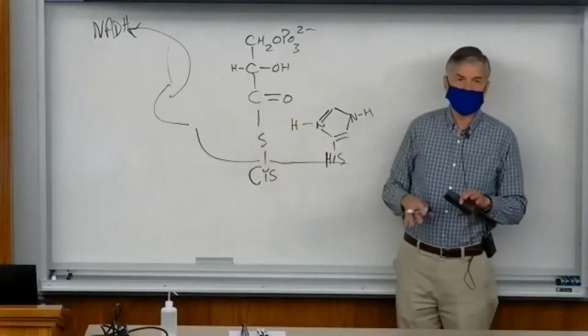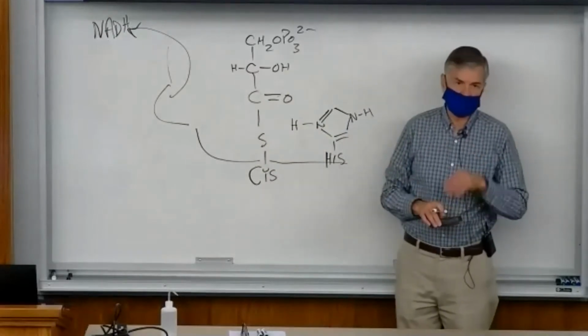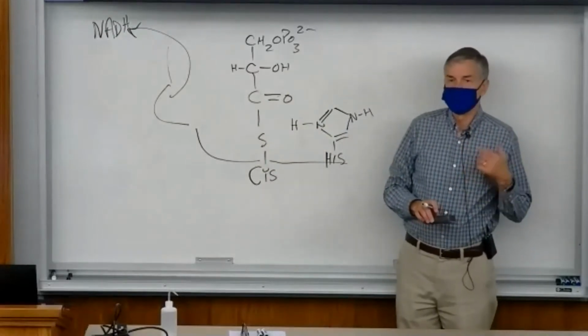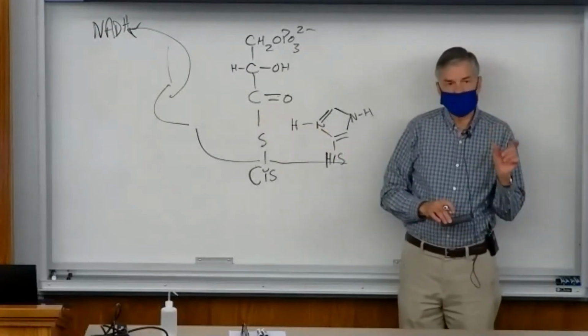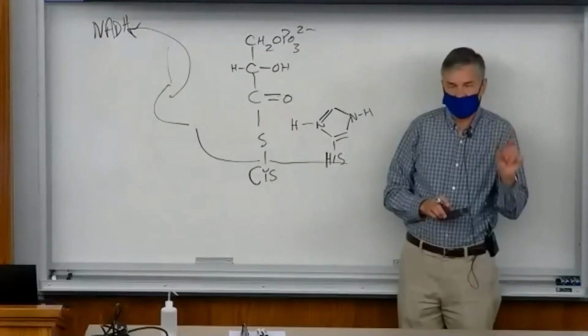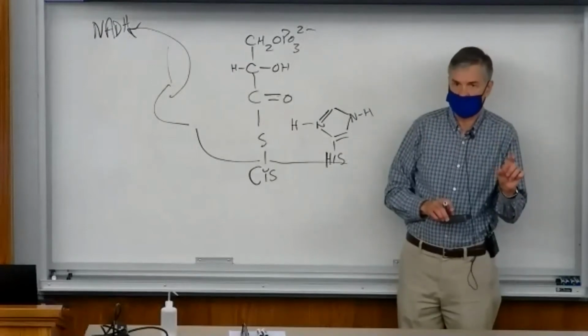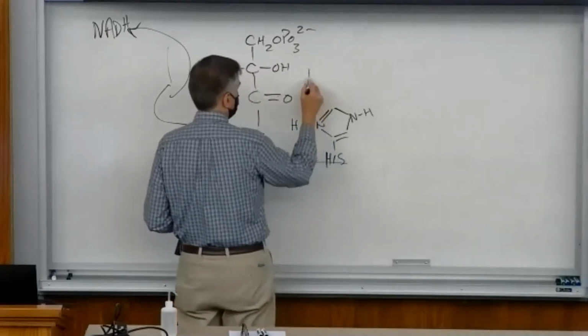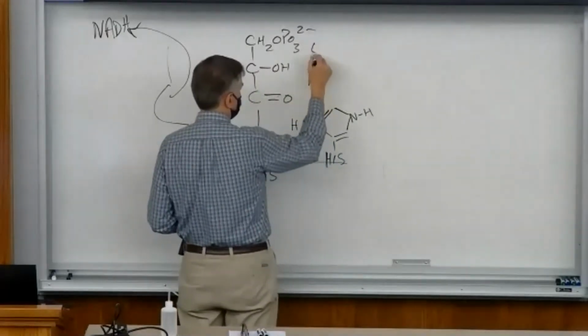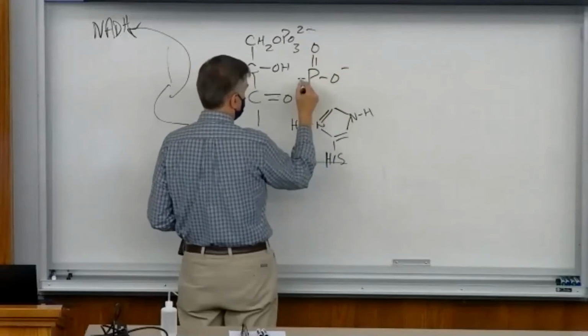This thioester is a very high energy molecule. Put another way, we have activated this carbonyl, and it's going to allow us to couple a phosphate, which is not very reactive, to it. So far as we know, this phosphate comes from solution. The cell is filled with phosphate buffer.